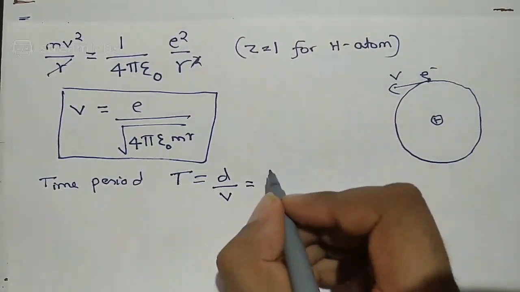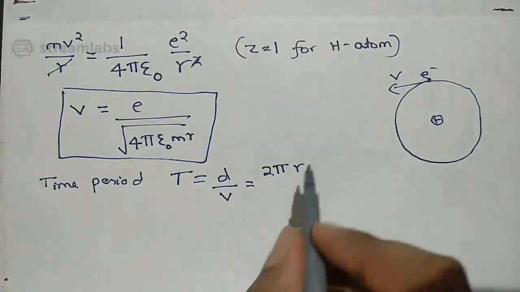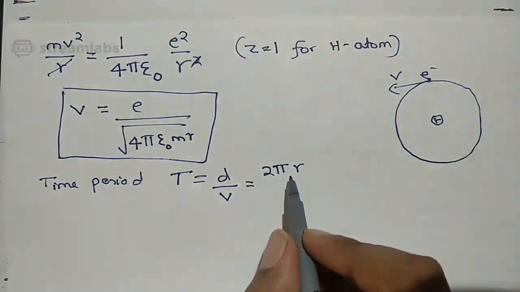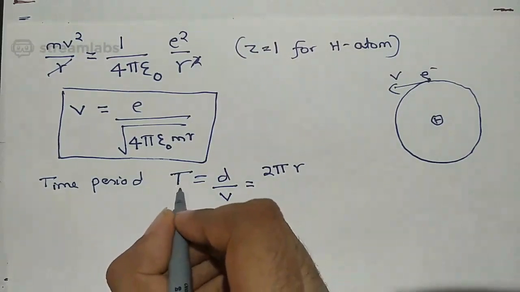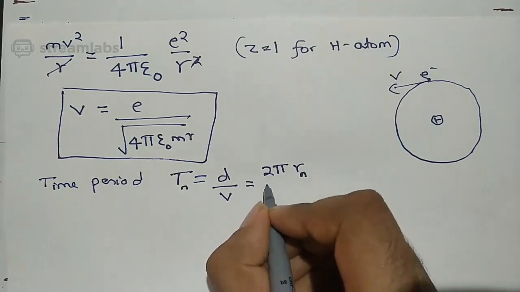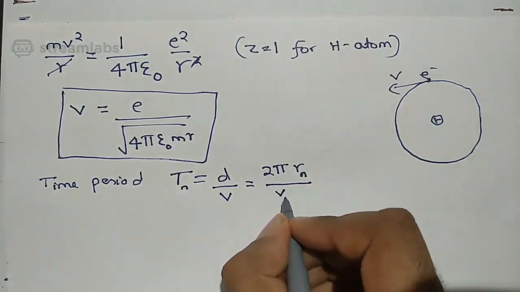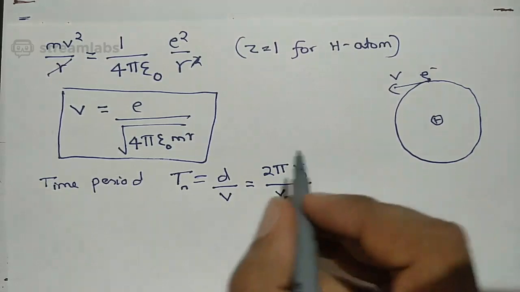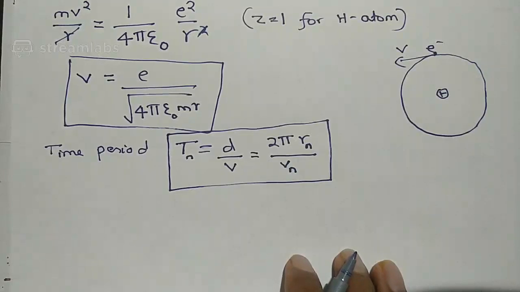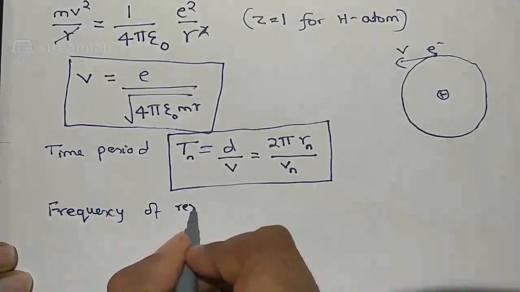So what is the distance traveled? When it completes one circle, it is 2 pi r, where r is the radius of the orbit. If you are calculating the time period of the nth orbit, then it is the radius of the nth orbit divided by velocity in the nth orbit. So this is the revolution of the electron.